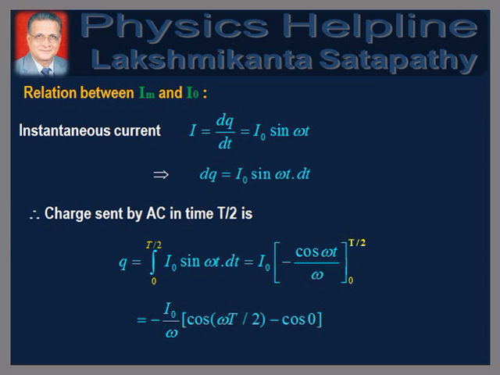Therefore, charge sent by AC in time T/2 is q = integral I0 sin ωt dt from 0 to T/2, which is equal to I0 into (−cos ωt)/ω from 0 to T/2, which is equal to −I0/ω into (cos ωT/2 − cos 0).